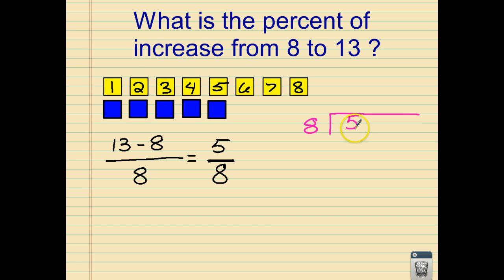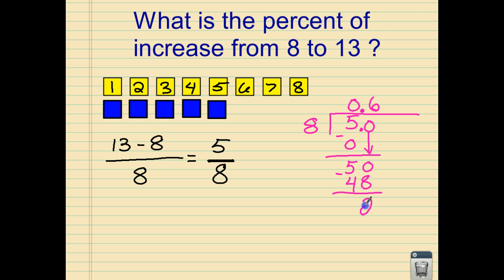So 8 cannot go into 5, so it goes in 0 times. 0 times 8 is 0. We're left with 5. 8 cannot go into 5, so we can add a decimal, add a 0. Bring the 0 down. 8 goes into 50 6 times. 6 times 8 is 48.